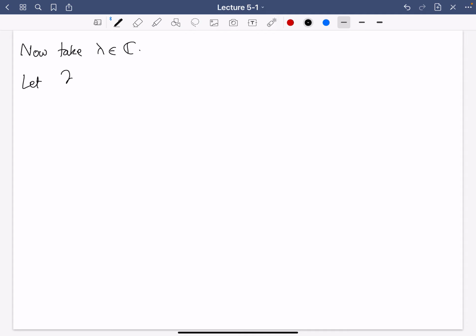I'm going to let B be the subalgebra of G, or SL2, just spanned by H and E. So it's upper triangular matrices of trace 0 in there. This is actually a solvable subalgebra.